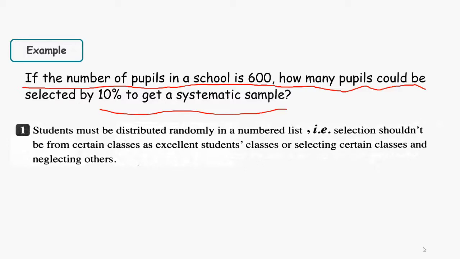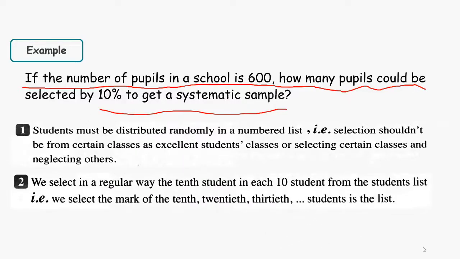It means selection shouldn't be from certain classes, such as excellent students' classes, or selecting certain classes and neglecting others. Also, we select in a regular way every 10th student from the students list. It means we select the 10th, 20th, 30th students in the list.